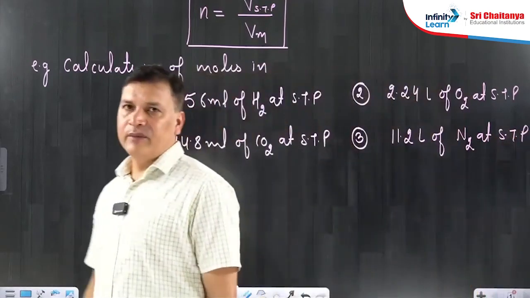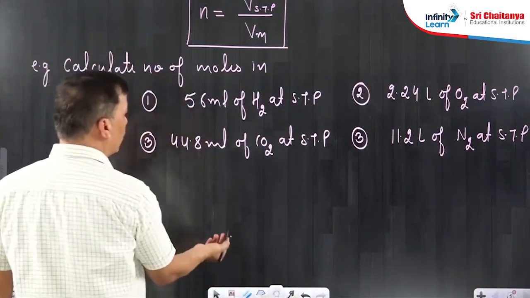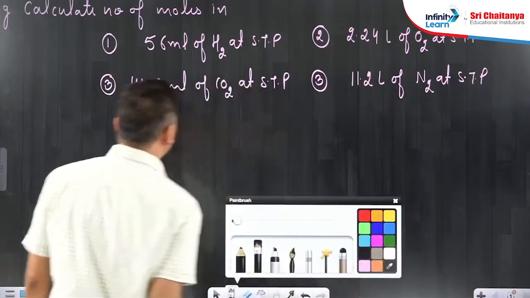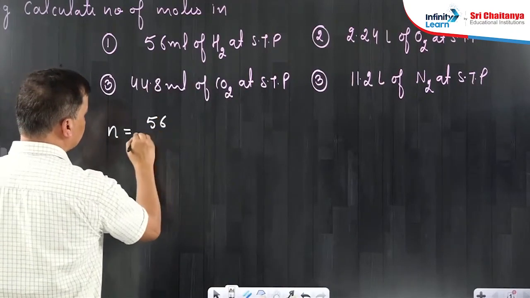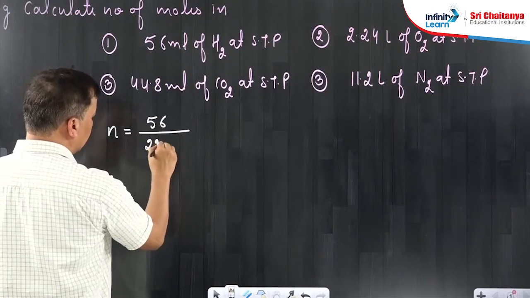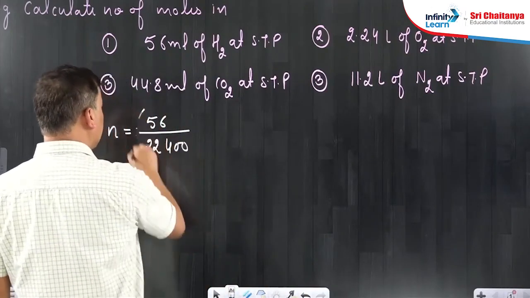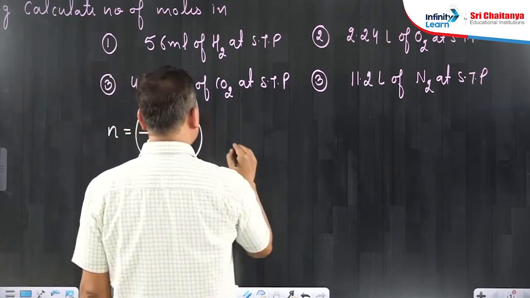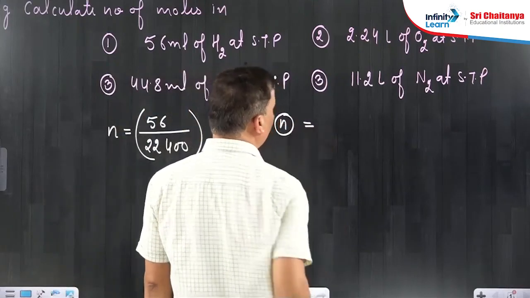So dear student, this is the simplest one. What we have to find out? Number of moles. In the first case, number of moles is 56 divided by 22,400. These are the number of moles. And the second one, we have to find out number of moles.